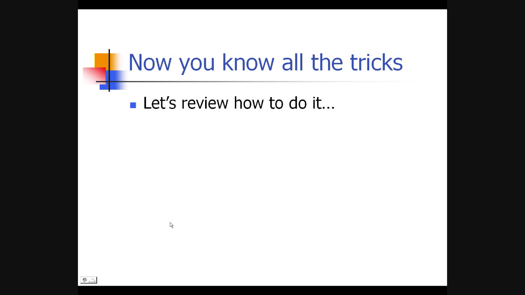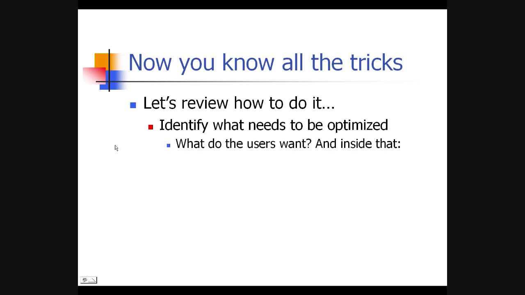Now you know all the tricks, at least all the tricks that I know. But let's review how to do it in its globality. The first thing that you have to do is to identify what needs to be optimized. It can be what the user wants you to optimize, or what you think has to be optimized.